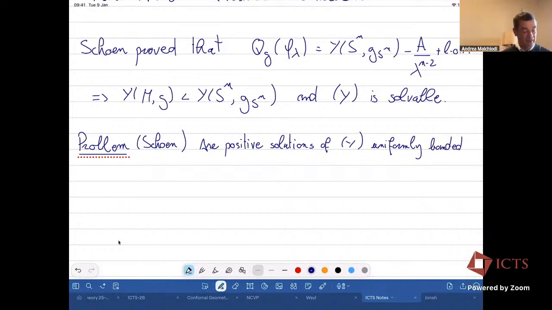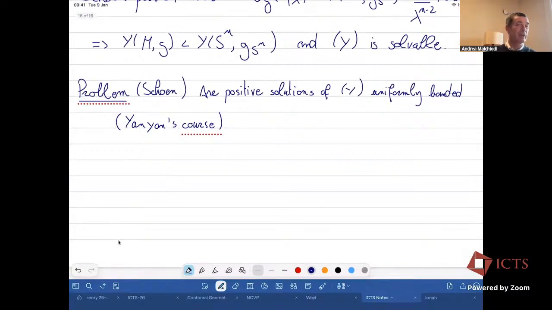And I believe this is treated in Yanyan's course. So the answer is surprising. They are if the dimension is less or equal than 24. Otherwise, there are counterexamples, dimension 25 and higher.